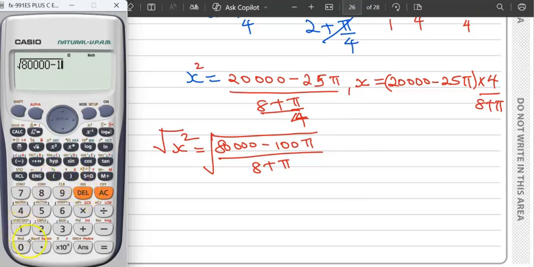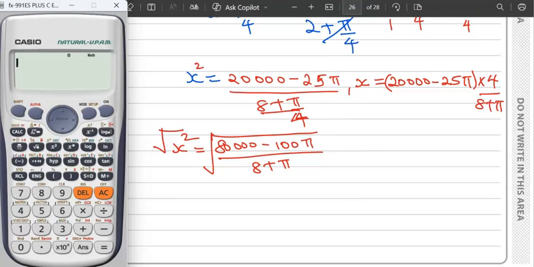So this one will be minus 100 pi and everything should be over the square root of 8 plus pi.